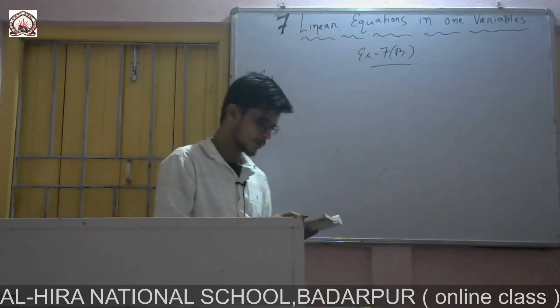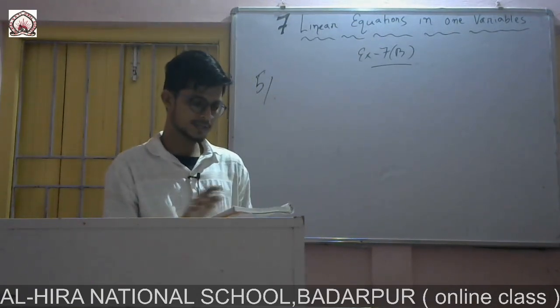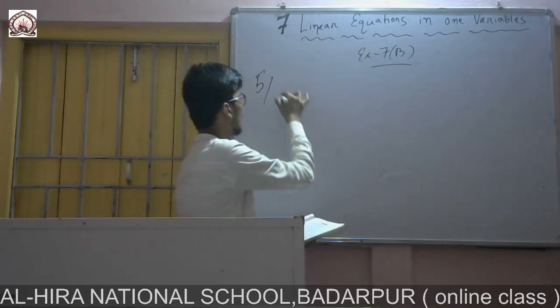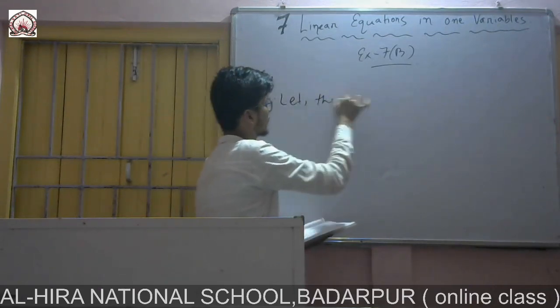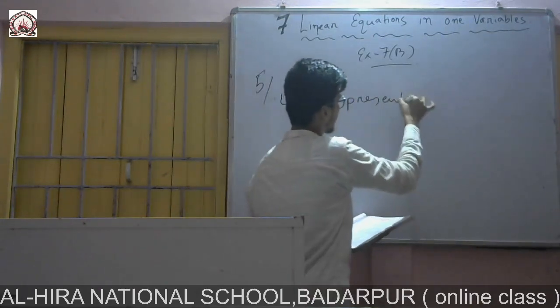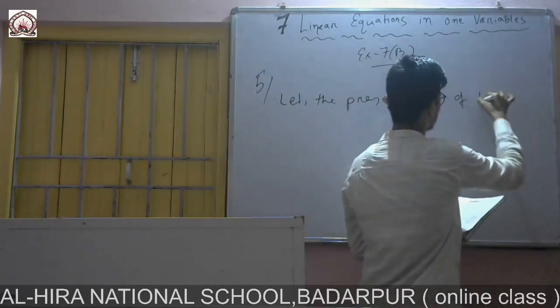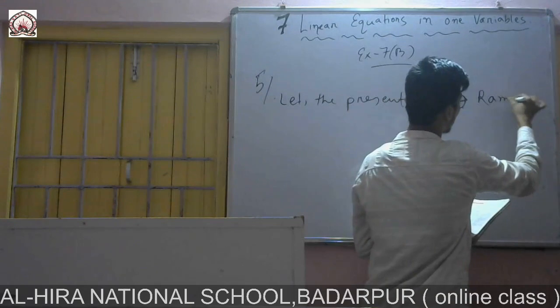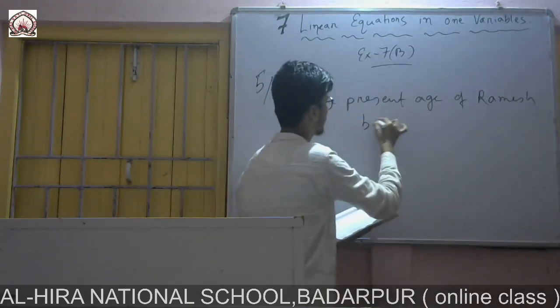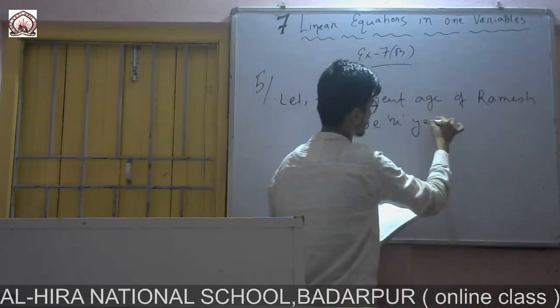So we don't know, you have to find how old is Ramesh. So you have to find his present age. So write let the present age of Ramesh be x years.